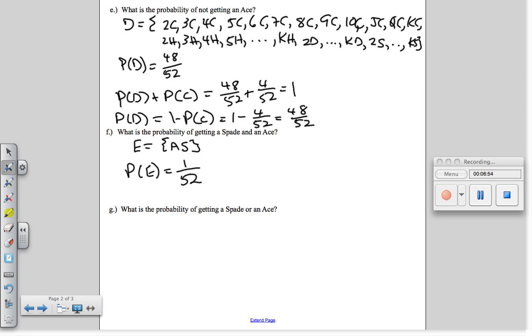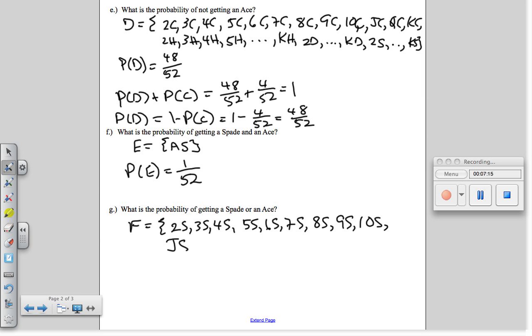What is the probability of getting a spade or an ace? So we'll call that event F. That is 2 of spades, 3 of spades, 4 of spades, 5 of spades, 6 of spades, 7 of spades, 8 of spades, 9 of spades, 10 of spades, jack of spades, queen of spades, king of spades, ace of spades, ace of diamonds, ace of clubs, or ace of hearts.